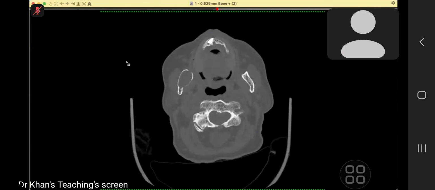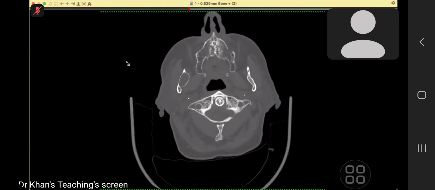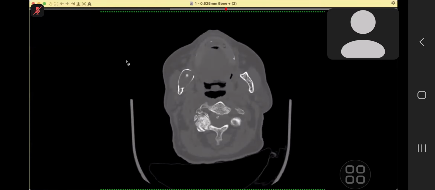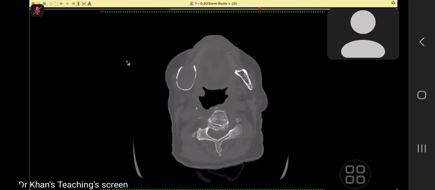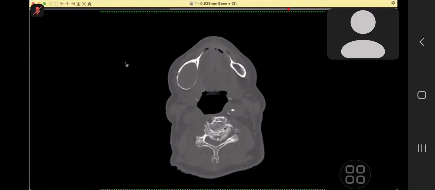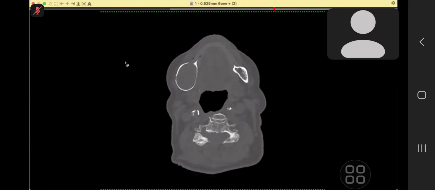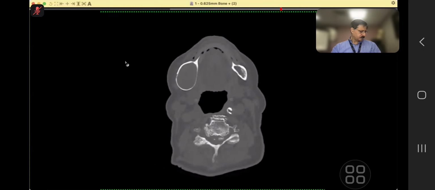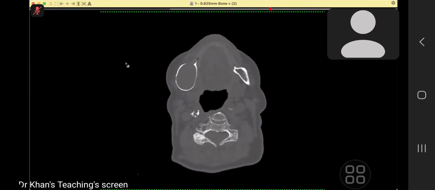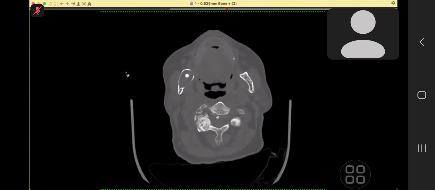Yeah, there is a tooth within it, so it can be a periapical cyst. What is the age of the patient? 81. Okay. So it can be a periapical or dentigerous cyst, since I can see it in relation to the tooth.